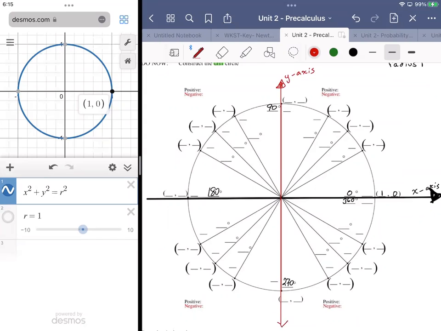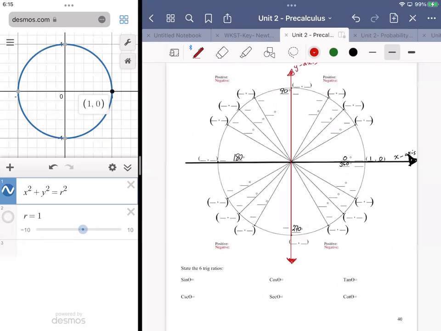Anything that falls on either of these two axes would be known as a quadrantal angle. All right, so I'll just make a little note of that. Just jot that down on the bottom. Any angle that falls on an axis is quadrantal.